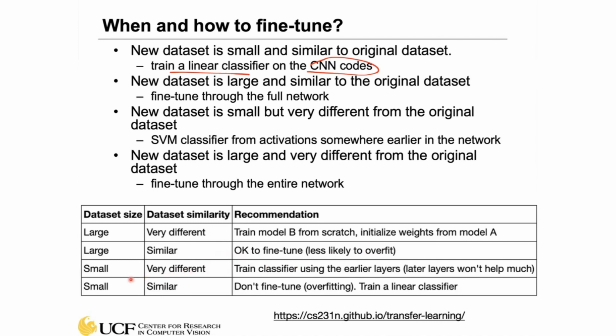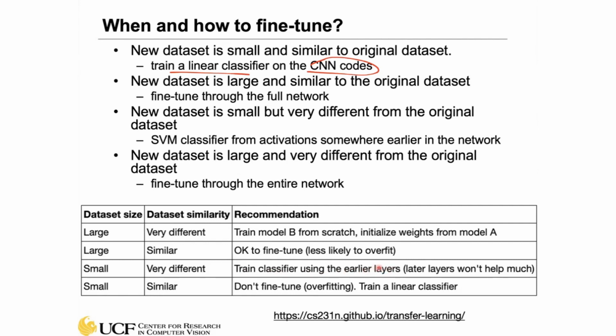The third is the data set is very small, which may often be the case. The target set is very small, and it is also very different from the pre-trained data set. So in this case, we can train a classifier using the earlier layers.